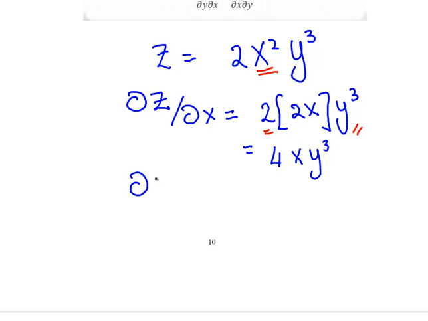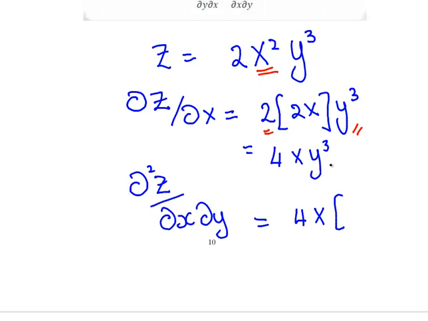Now the next thing we're going to do is get the derivative of that with respect to y. So d squared z over dx dy is equal to, what we're going to do is treat 4x as a constant and then just derive y cubed. So 4x and the derivative of y cubed is 3y squared.